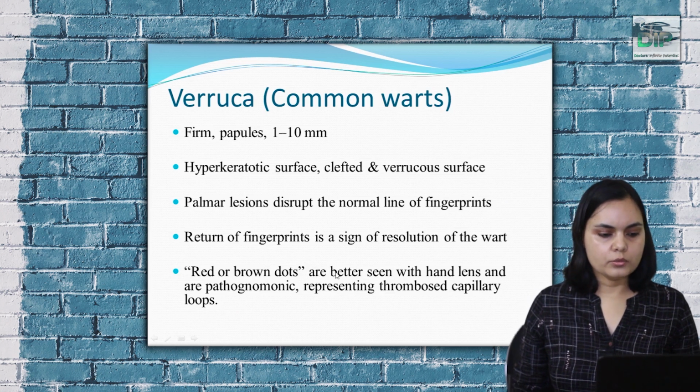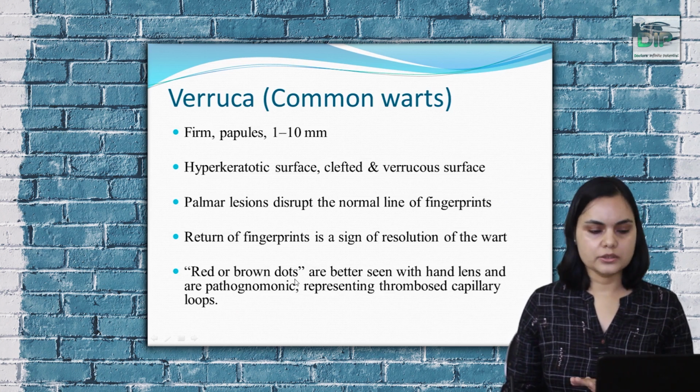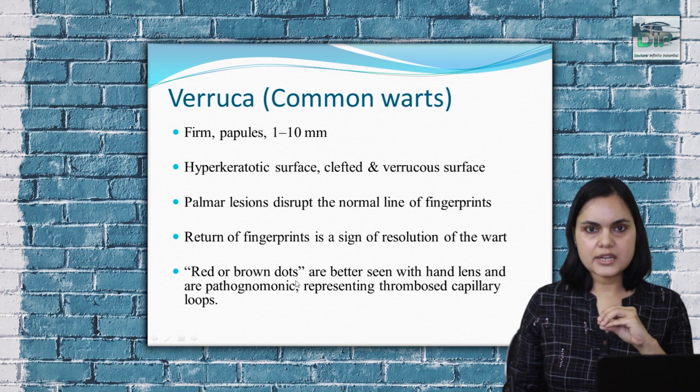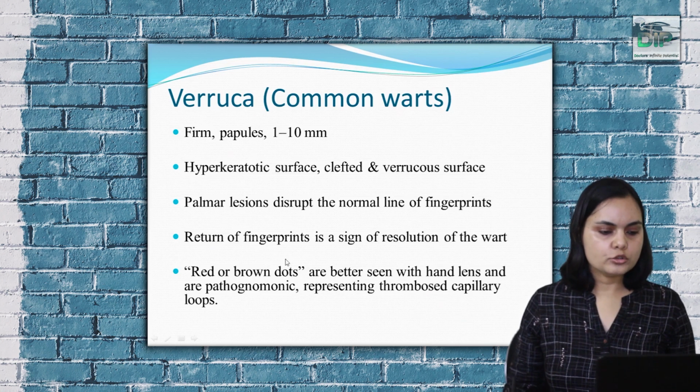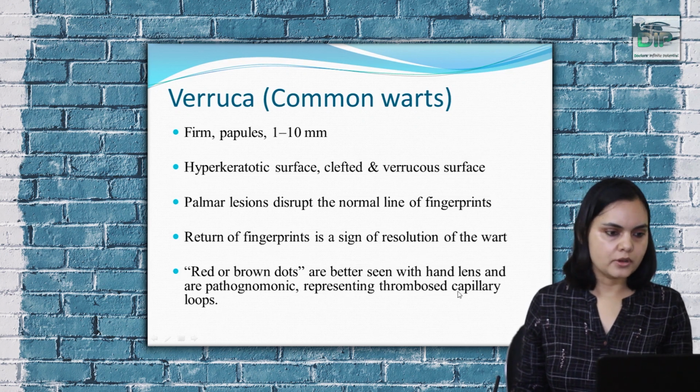In this way we can differentiate this common condition, wart, from corn. This reddish brown dot is because of thrombosed capillary loops present in the common wart.